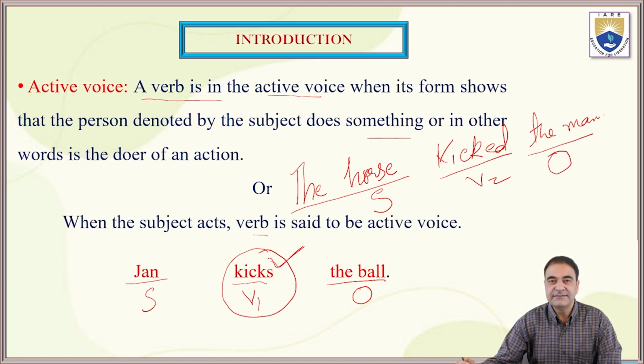Here it is the subject horse that acts. And what's that act? It's kicked. Therefore, we can say that in this sentence, the verb kicked is in active voice.